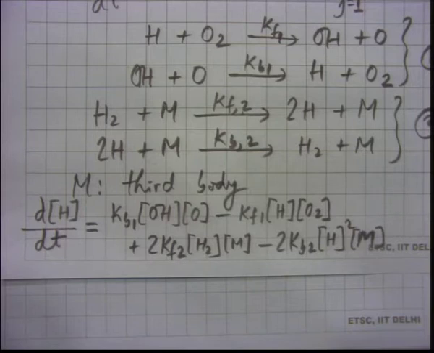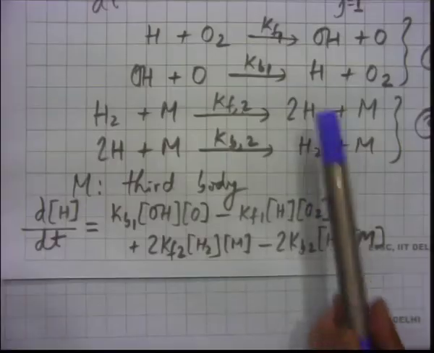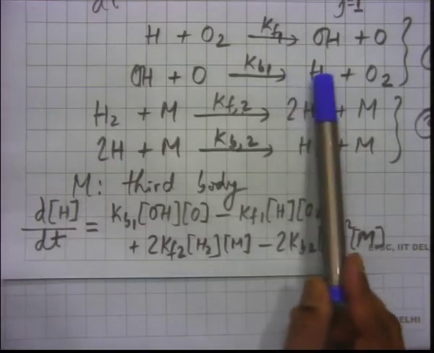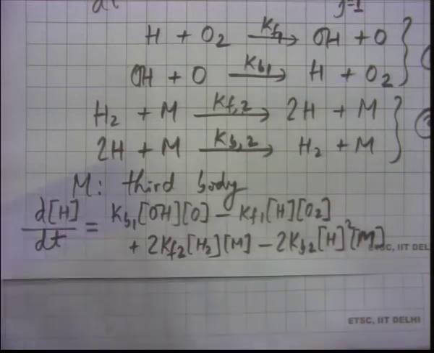Let us say the first term is Kb1 into OH into O. What is that? That must come from which one? That must come from this one. Second, yeah.